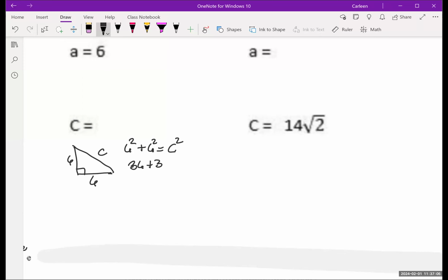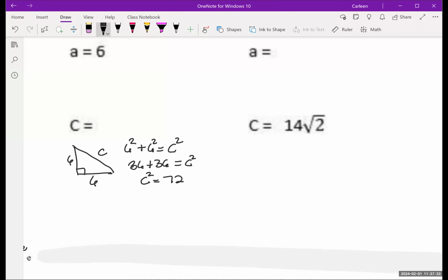36 plus 36 equals C squared. Notice I have how many 36s? I have 2 36s. So C squared is equal to 72. So what is the inverse operation of squaring?